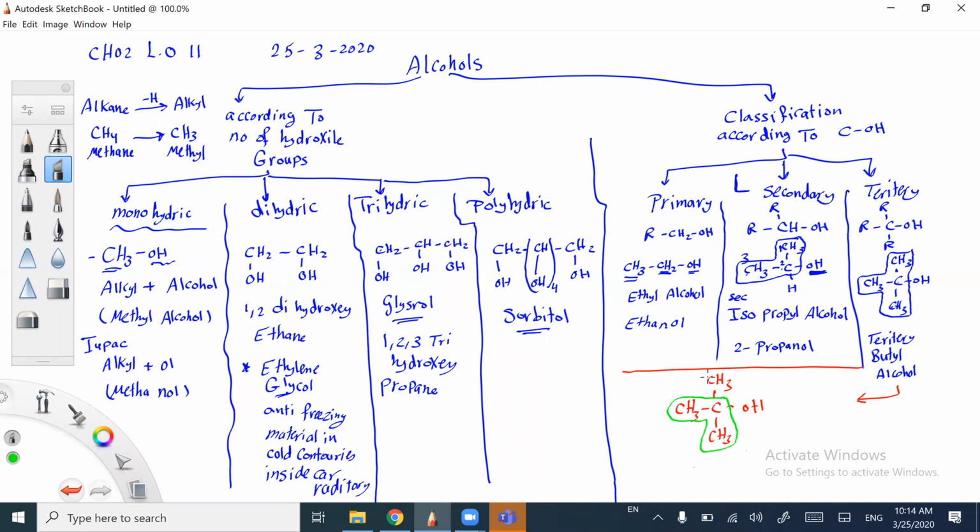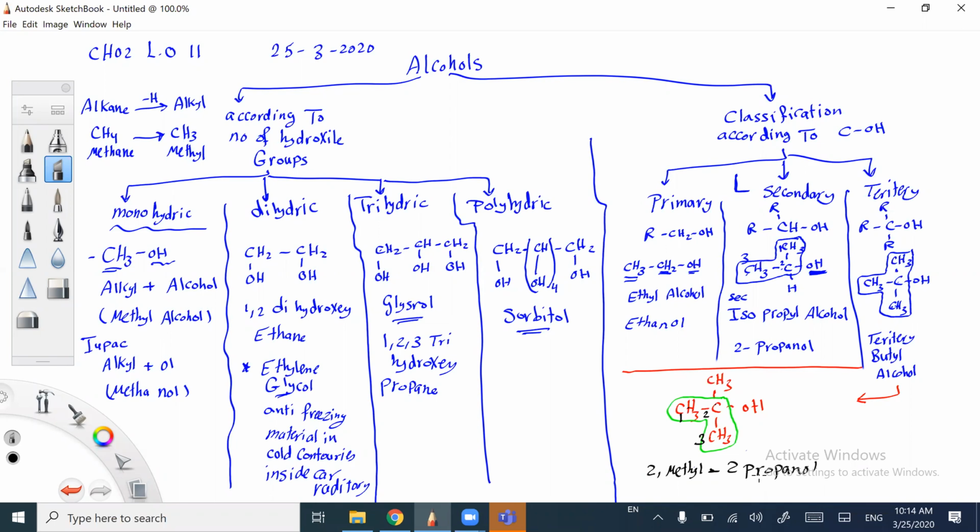So we will find two branches, this branch and this branch, so it will be 1, 2, 3. At atom number 2, we find the methyl group branch, so it is 2-methyl, then 2-propanol.